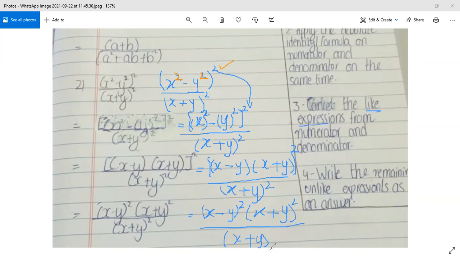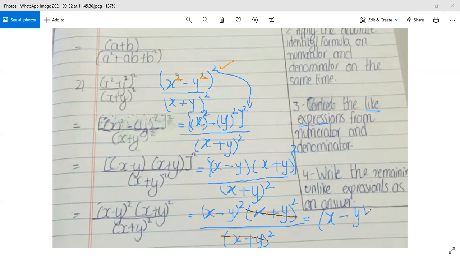Third step, like expressions are the first one and this one. Then the remaining is x minus y whole square.